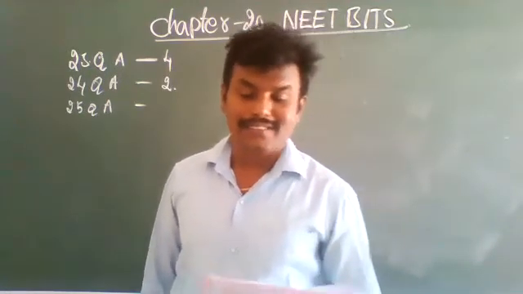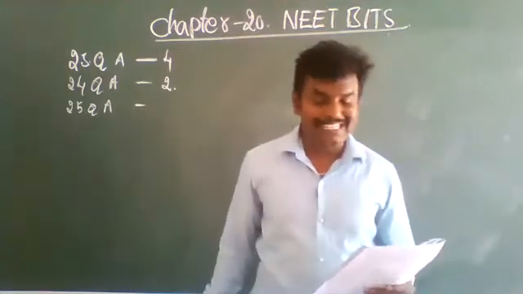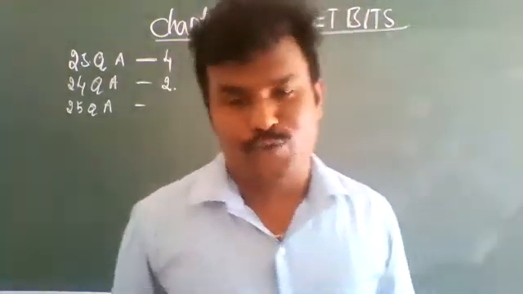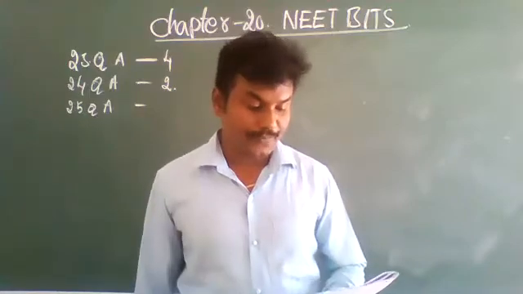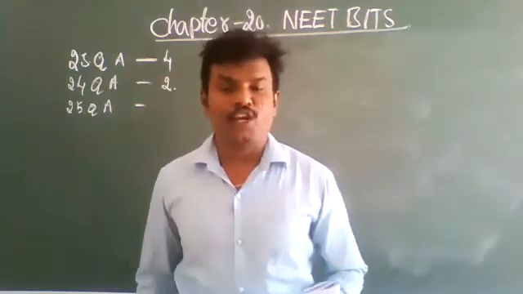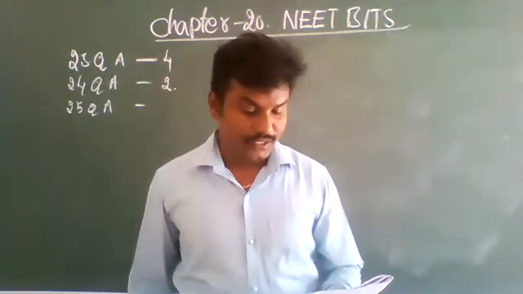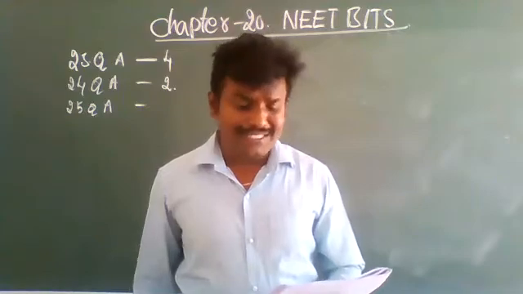In adult human beings, the skeletal system consists of 206 bones, everybody knows that. I will give one explanation, and then you will find the answer automatically.